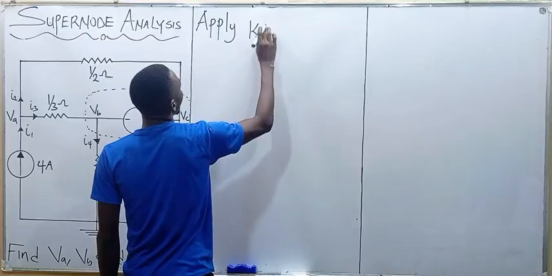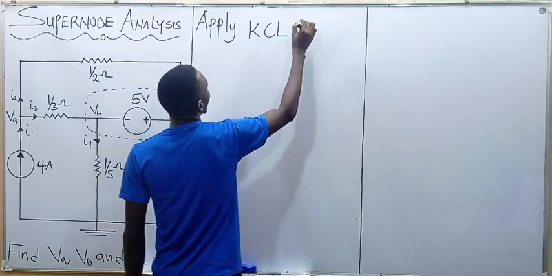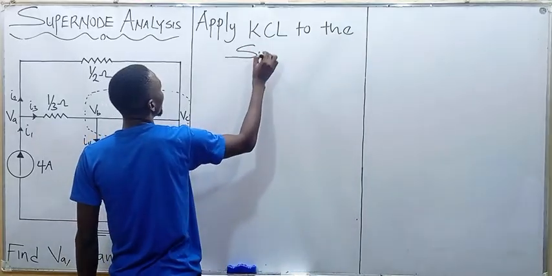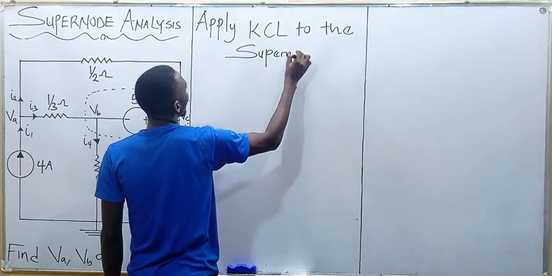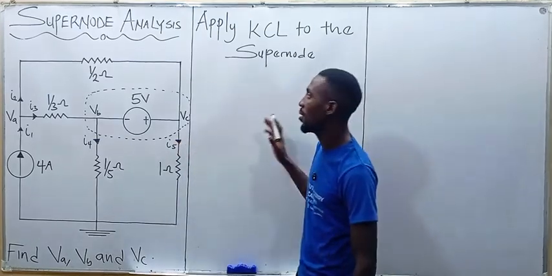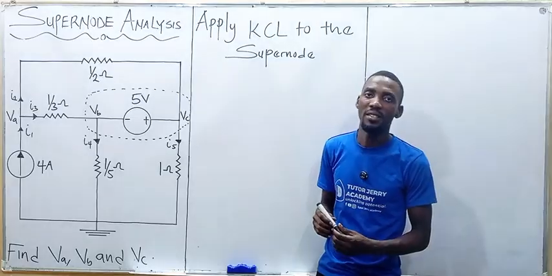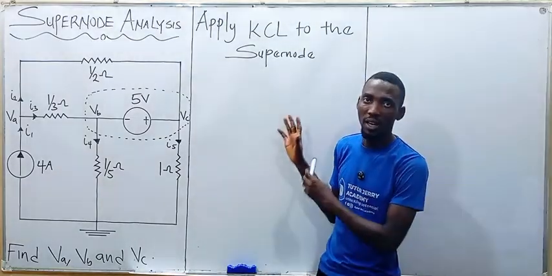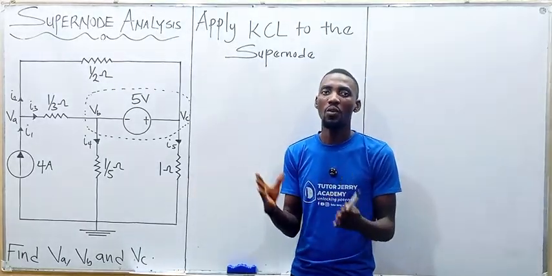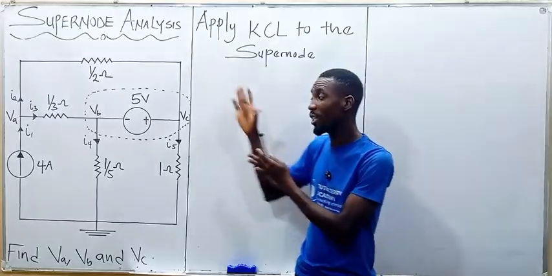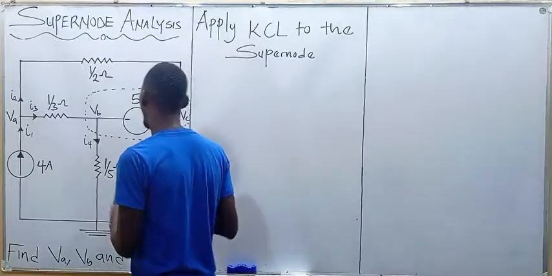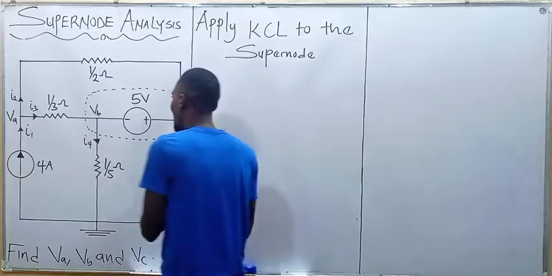We have already done an introduction to supernode analysis, and for you to grasp the concept of this course, I encourage you to go over our video on the introduction to supernode analysis. Now this is our supernode that we are treating as a single node.